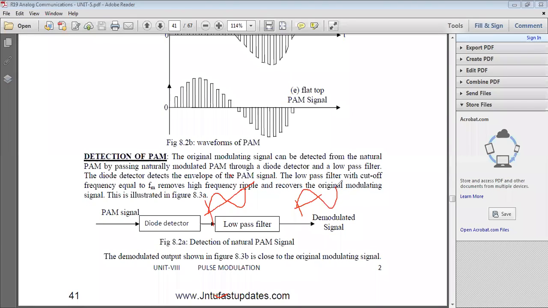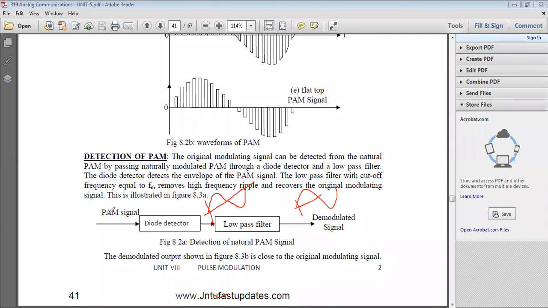If our message signal has a maximum frequency of FM, the low pass filter removes all the frequencies above FM and allows only up to FM. Therefore, at the output we get our original message signal.